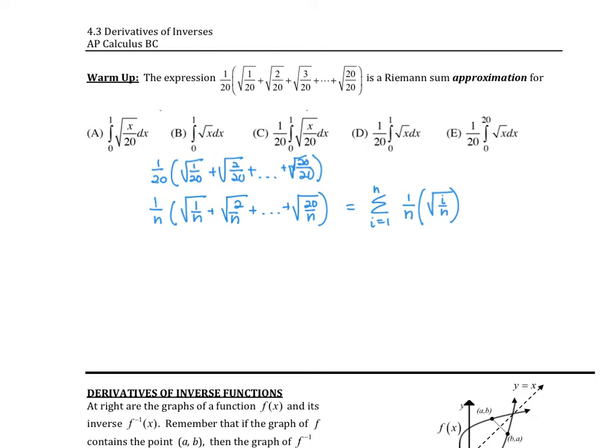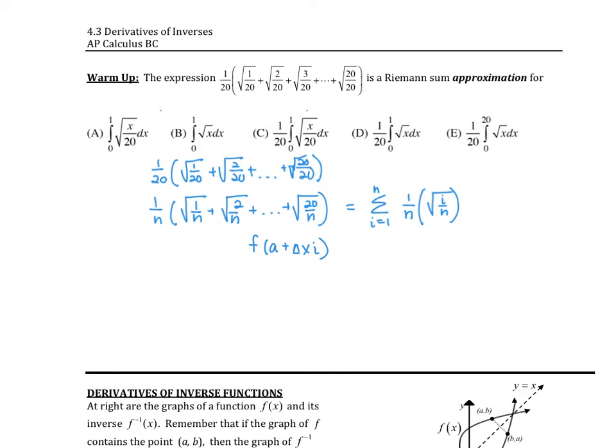Now, if you remember your Riemann sums, we know that this f of a plus delta x i is the formula that we started with to be able to write the sum in summation notation or in sigma notation.